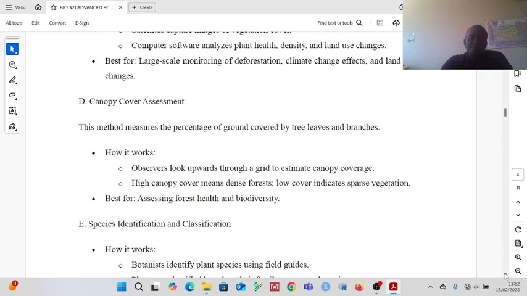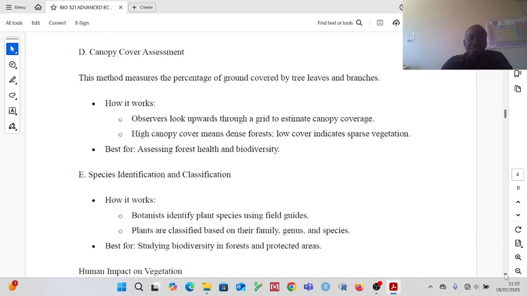Another thing you can do is the canopy cover assessment. This method measures the percentage of ground that is covered by tree leaves and branches. That's the canopy. So with canopy cover, you look upwards through a grid to estimate the cover.